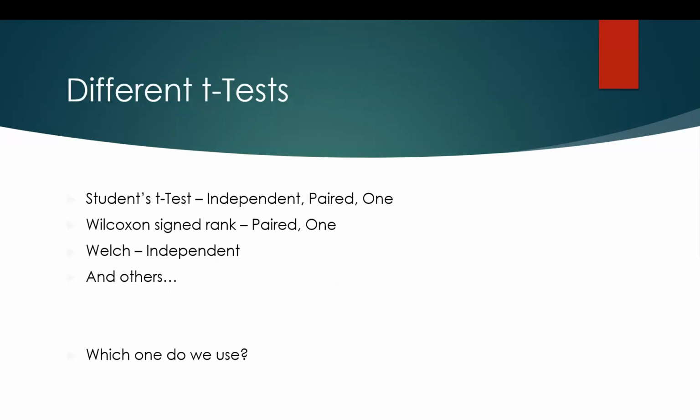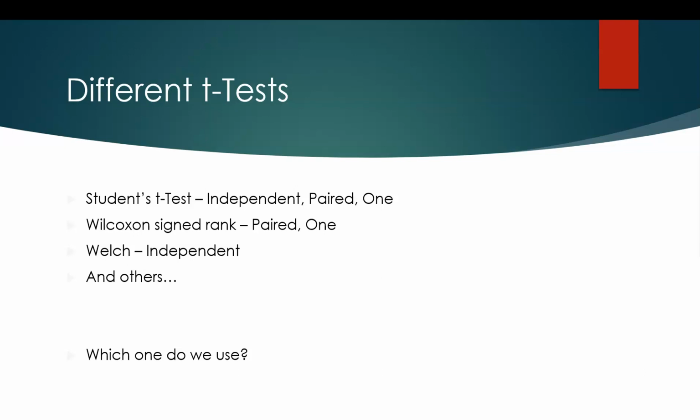There are different types of t-tests. The most common, and you may have already heard of this one, is the student's t-test. And the student's t-test can be run with either an independent scenario, a paired scenario, or when you have just one sample. So all three of those that I just went over in the previous slide, you can use student's t-test for any one of those scenarios.